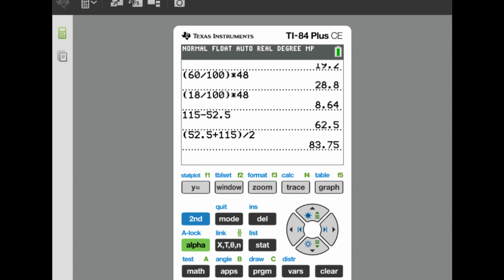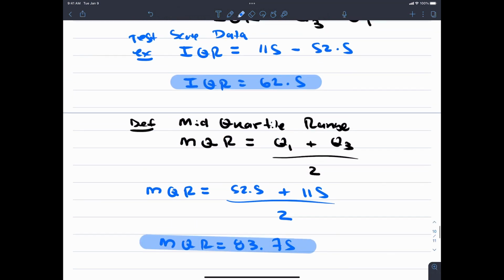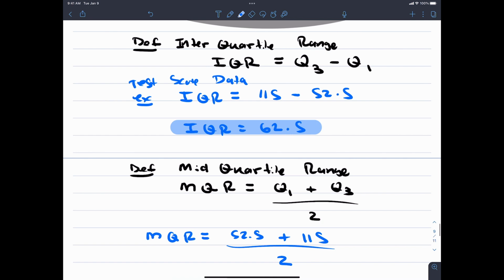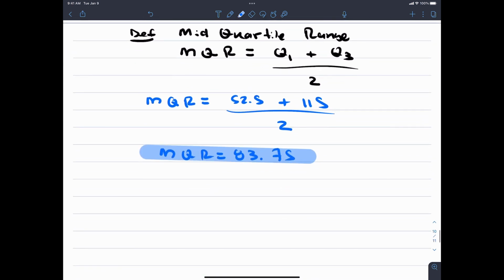What's this going to be? Yeah, don't approximate it. It's 83 point what? 75 here. Okay? Interquartile range, the mid-quartile range. And these are used to just help describe the distribution. We'll see that later.